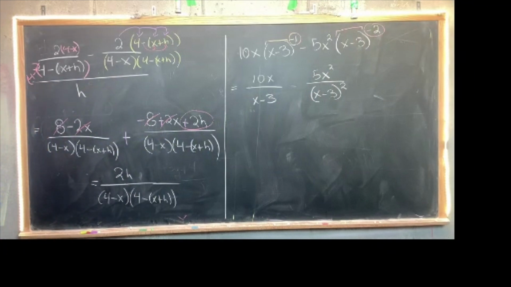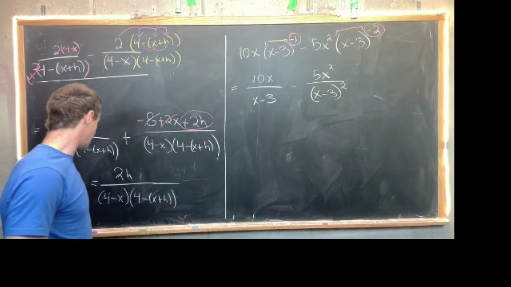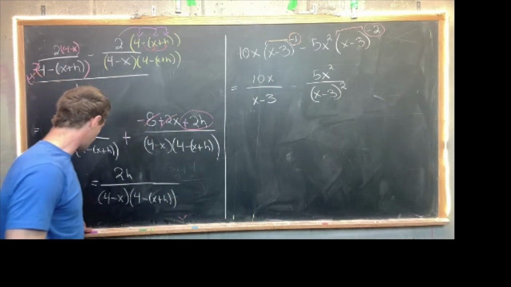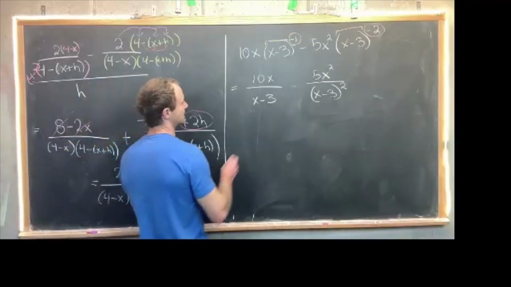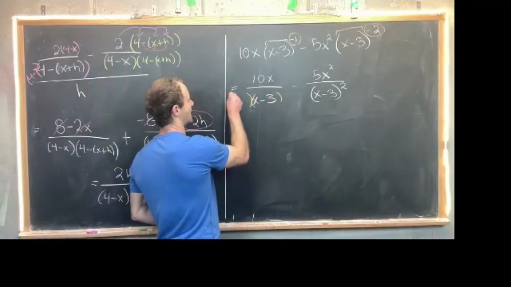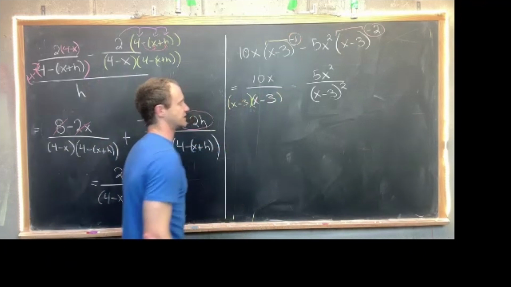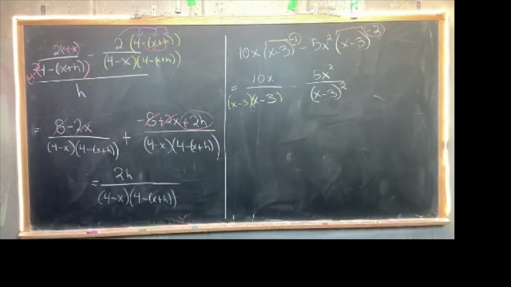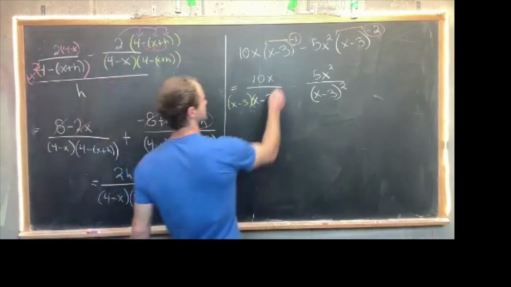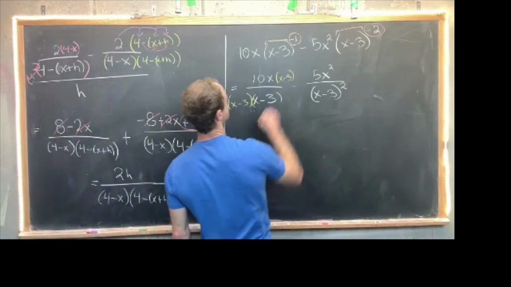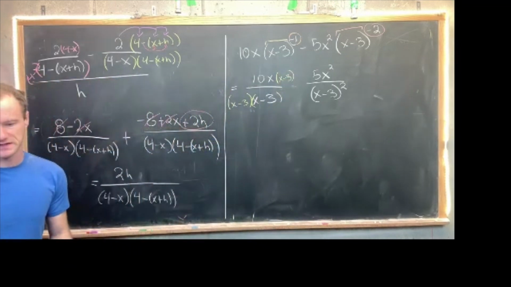Okay, so now we need to start finding common denominators. So our common denominator will be x minus 3 squared. So we need to build this first denominator until it looks like x minus 3 squared. So we can do that by multiplying by x minus 3. So we multiply by x minus 3 like that. Let's see what that gives us.